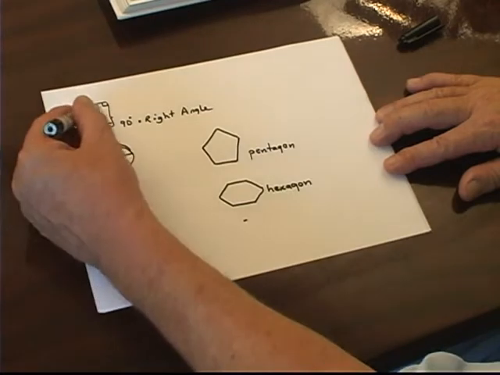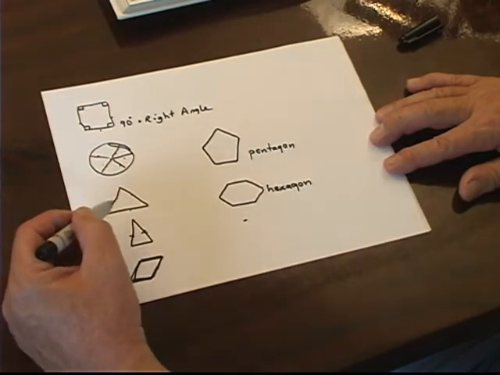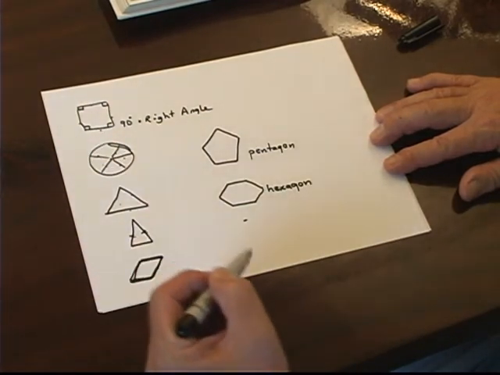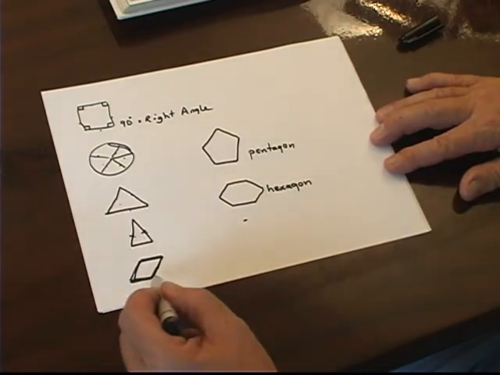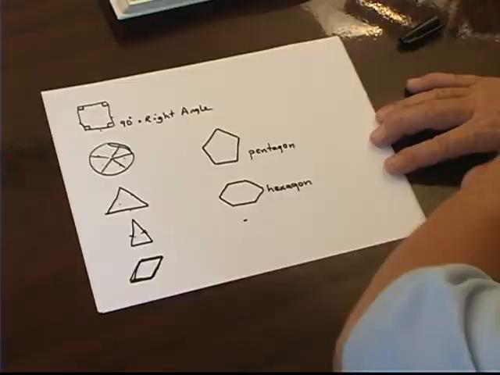So you see we got squares, circles, triangles, isosceles triangles, equilateral triangles, rhombus, pentagon, hexagon, and you can spend hours learning the names of all these things. But what is more important is what all these things do and what they're important for. And we'll talk about that in another show.